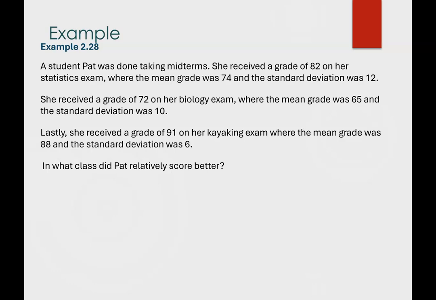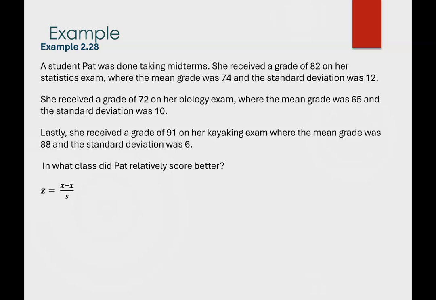You think 91 is the highest, but how does that compare, like the difficulty level relative to the class? Let's take a look. We can figure that out by finding the number of standard deviations for each of those. We call this a z-score.